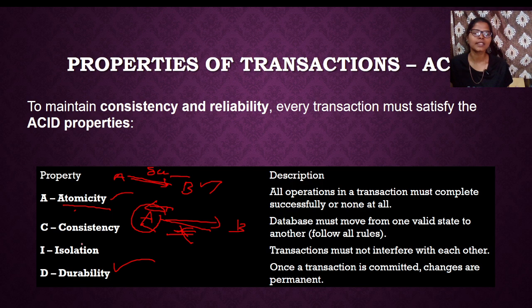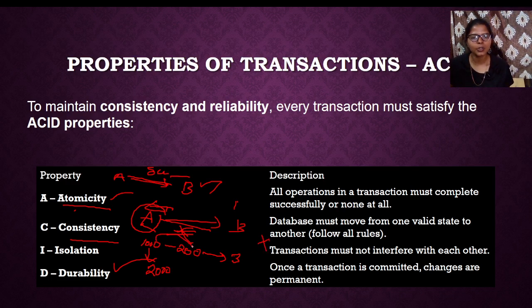Okay, next, consistency means the database has a few rules that each transaction must follow. Suppose A's account has 1,000 rupees and A is trying to send 2,000 rupees to B's account. Is it possible? Or A has 10,000 rupees and is trying to withdraw 2,000 rupees. If the transaction does not follow the database rules, what happens here?